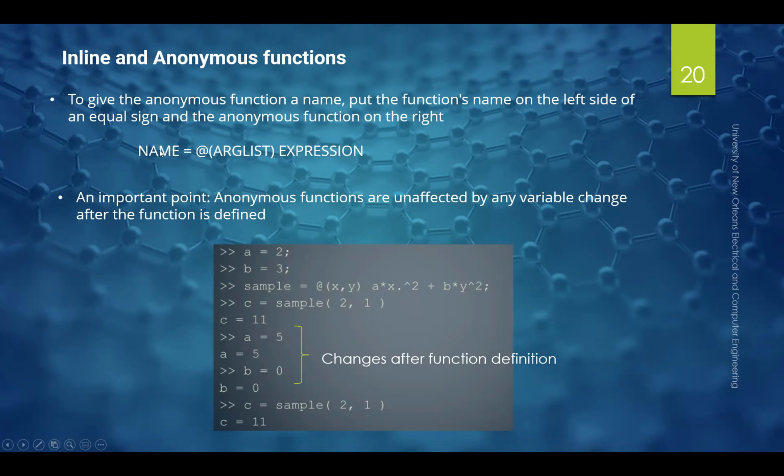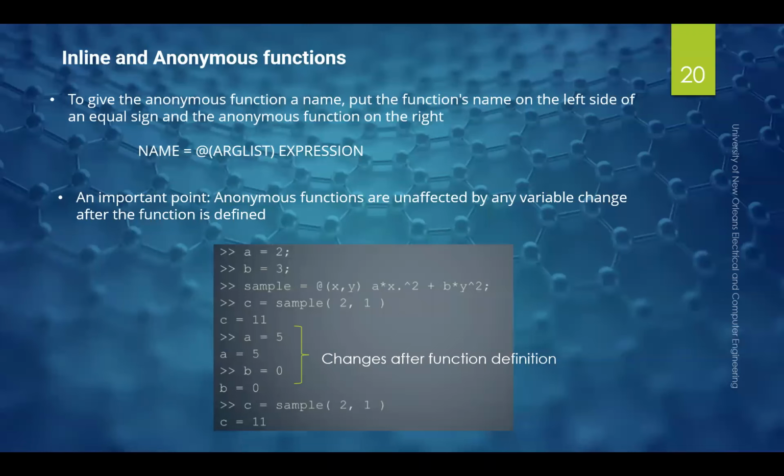That will be the ultimate name that we're going to use for that function. We have a list of arguments in parentheses preceded by the at symbol. And then we have the expression we want to replace by this name. We're basically replacing an expression by just a single name, and we tell it what arguments that expression has. Okay, I hope that makes sense.